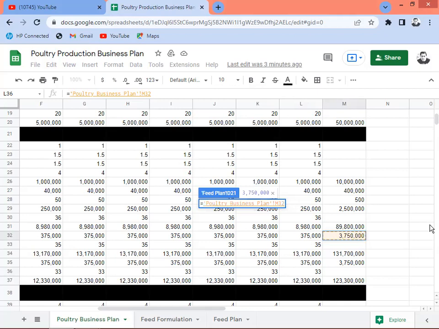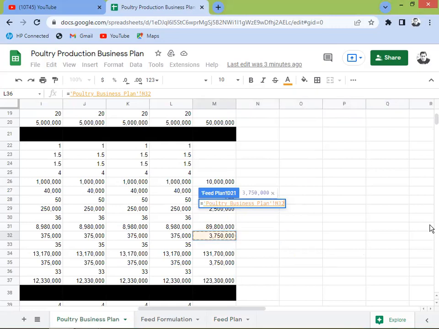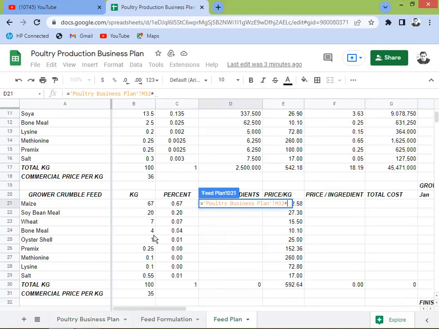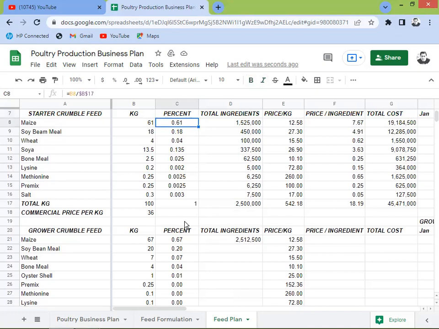This 3,750,000 is the total grower feed volume in kilograms. We're going to multiply that by the percentage, this one. This would be our volume because we're using more maize in our formulation, 67%, unlike in the starter, where we only use 61%. Therefore, in terms of total ingredients, it is more.